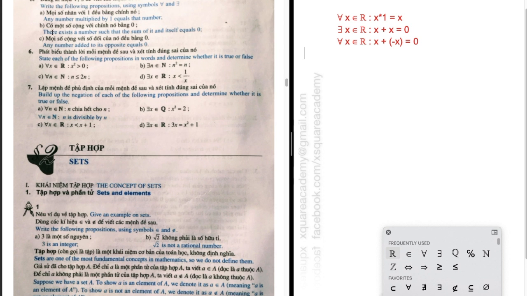Problem B. There is a number so that the sum of it and itself equals 0.